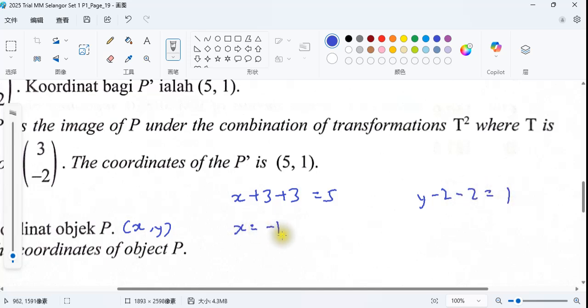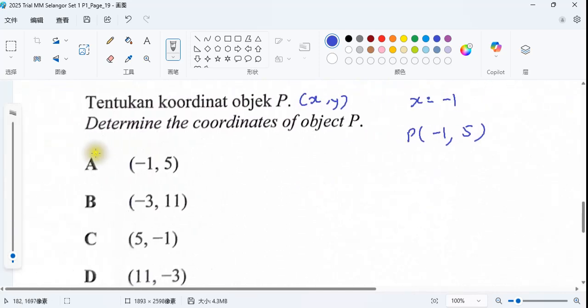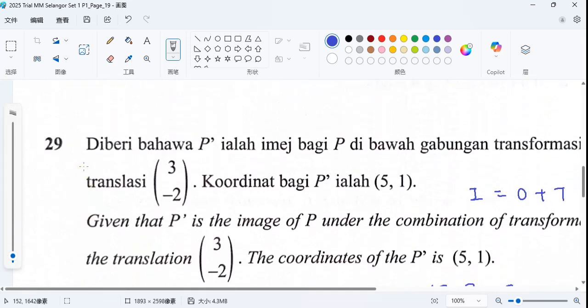So x equal to -1, y equal to 3. So we know that the image is the object plus translation. We plus 3, then it becomes 5. So -1, 5. Okay. So this one is Form 5 Chapter 2, Combined Transformation.